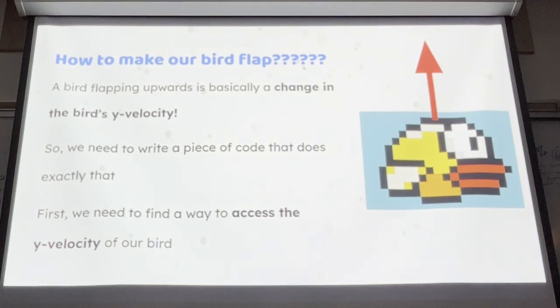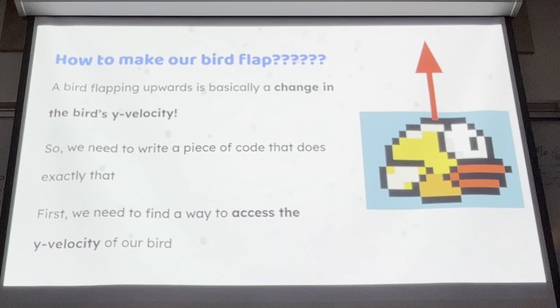Okay, this is going to sound very physicsy, but let's dissect what a bird flap is. It's basically like it's flapping or pushing air down, so it itself can move upwards. So in other words, that means it's a change in the bird's y velocity. So basically what we need to do is write a piece of code that changes the bird's y velocity.